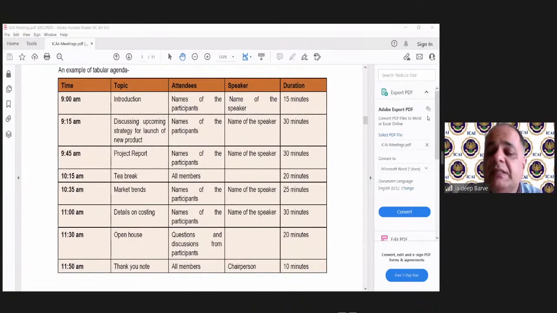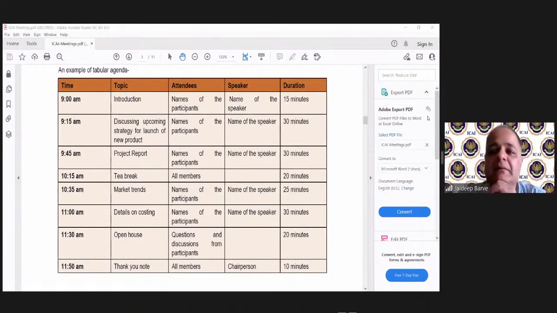Since the purpose of any meeting is to discuss things, to debate certain issues and problems, and come up with a decision, a conclusion, you should have a lot of questions and answers bouncing, a lot of discussions happening. So in this example, if you look at the row titled 11:30 a.m., there will be an open house for 20 minutes, comprising questions and discussions from the participants.